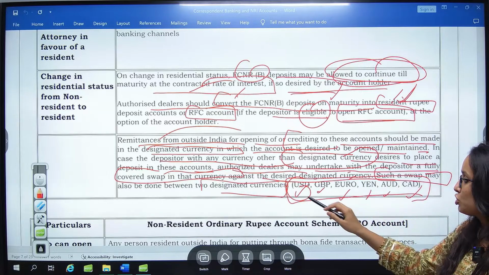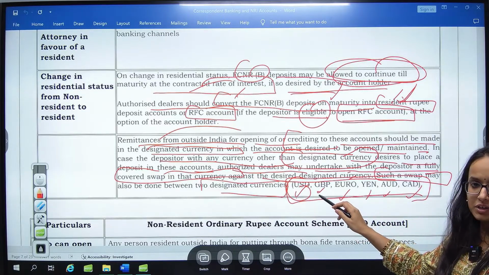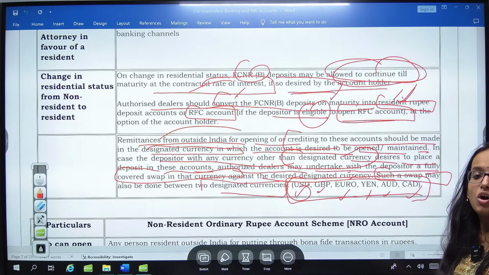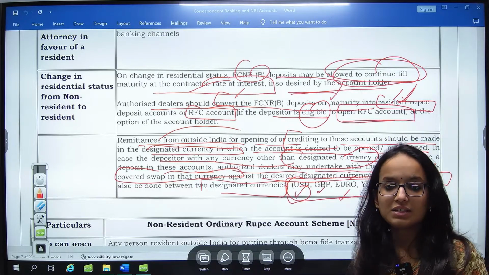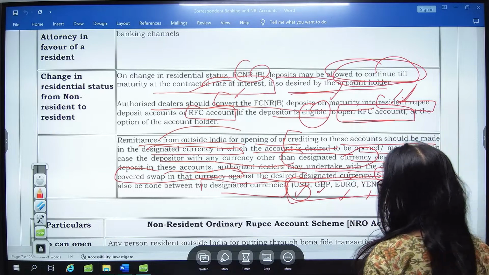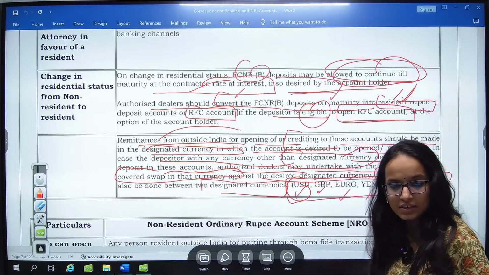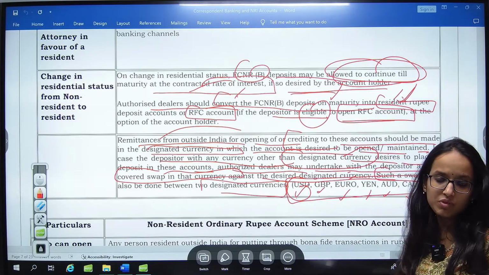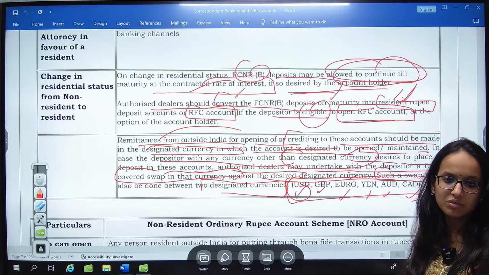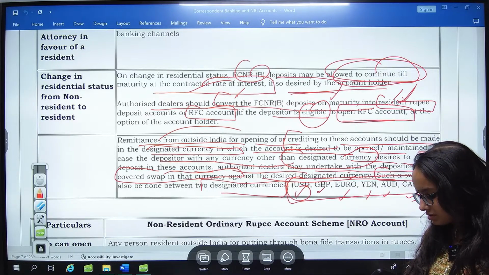You should remember USD, Great British Pound, Euro, Japanese Yen, Australian dollar, Canadian dollar. All these are designated currencies for your FCNRB account. You can have currency swap between a designated one and a non-designated one. You can have currency swap between two designated currencies as well for the purpose of depositing into an FCNRB account. Clear? So you should remember this.